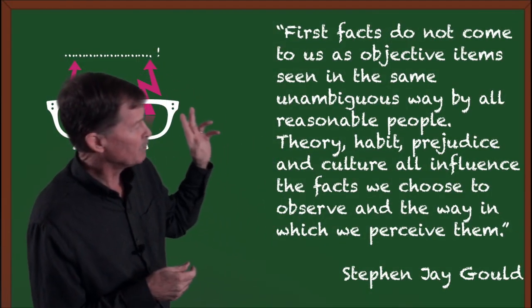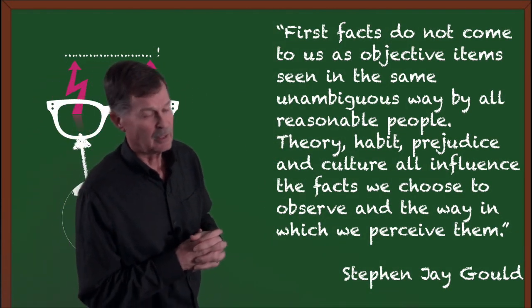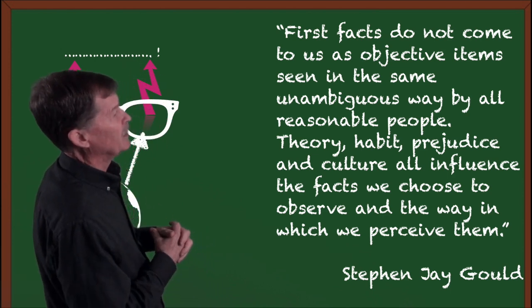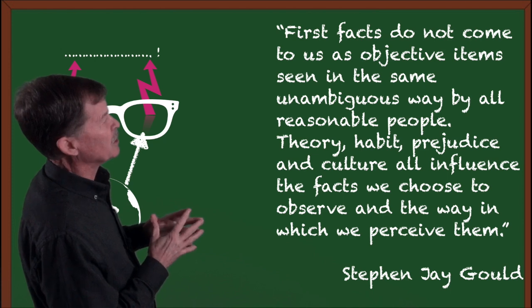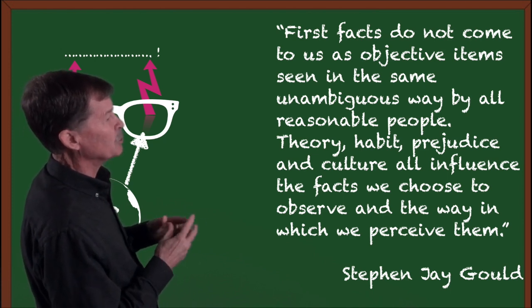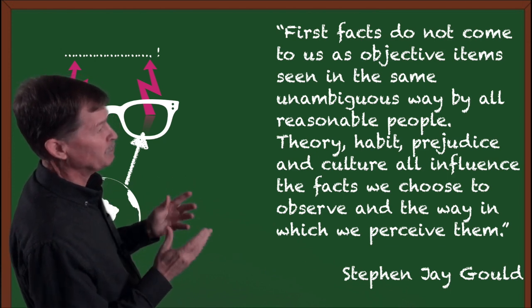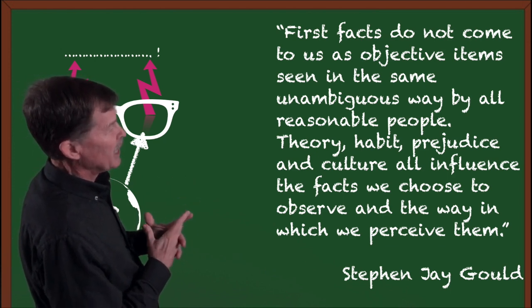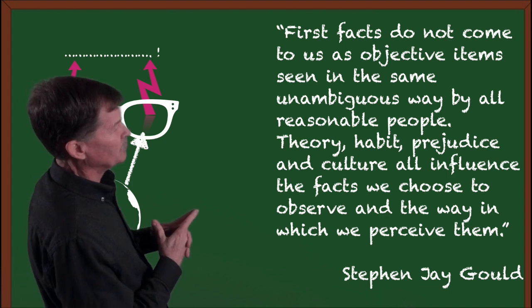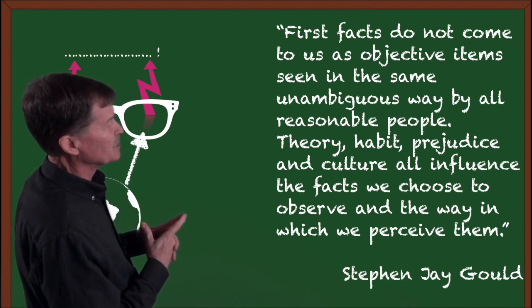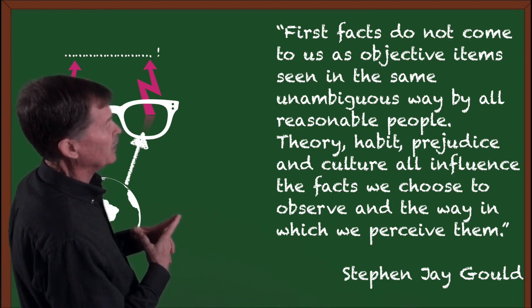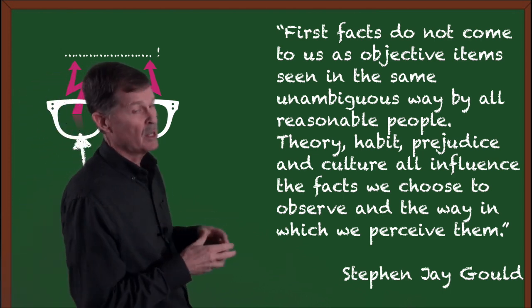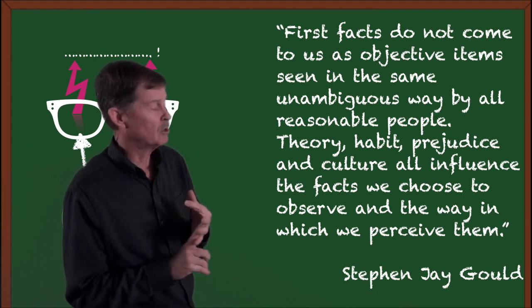But here, winding up with this quote again by Stephen Jay Gould. First, facts do not come to us as objective items seen in the same unambiguous way by all reasonable people. Theory, habit, prejudice, and culture all influence the facts we choose to observe and the way in which we perceive them. Theory, habit, prejudice, and culture.